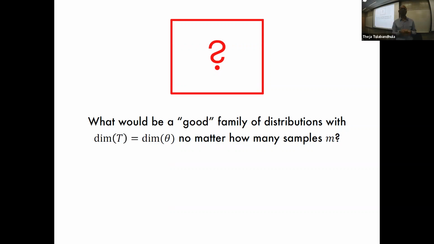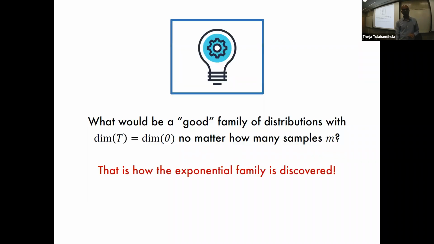Even with 100 samples or 1000 samples, the number of sufficient statistics I need to compute is the same. That good family is called the exponential family of distributions, and it is the workhorse that leads to generalized linear models.